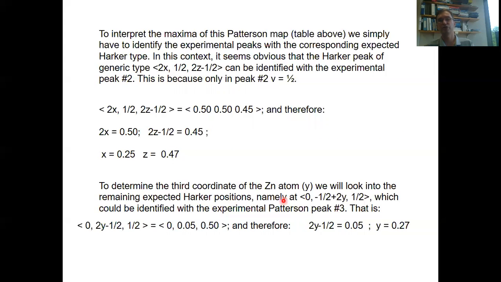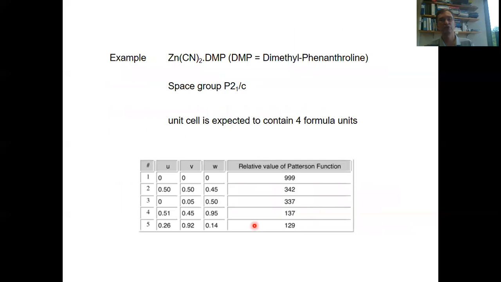So that matches that 0 and that's 0.5 here. Now according to that, minus a half plus 2y must be equal to the value of v for that respective peak, which is in this case 0.05.